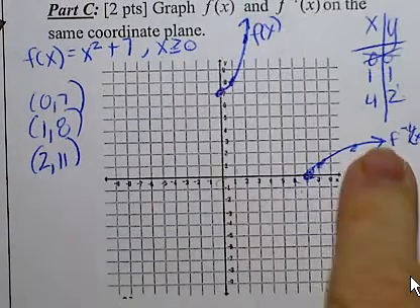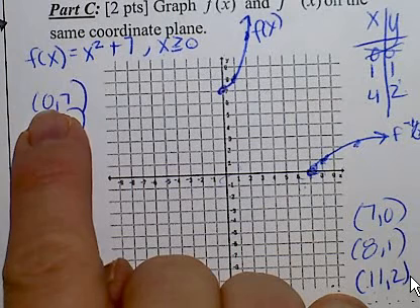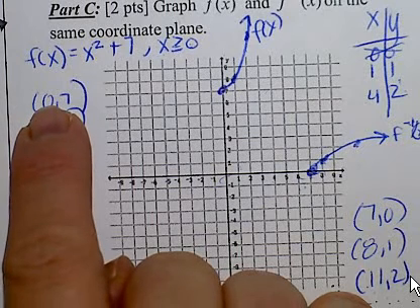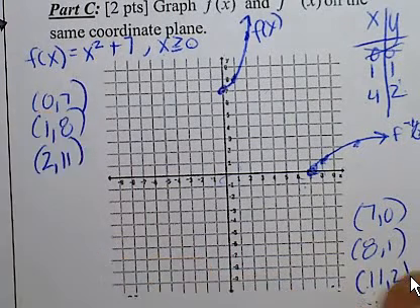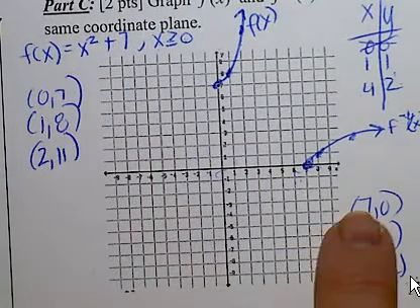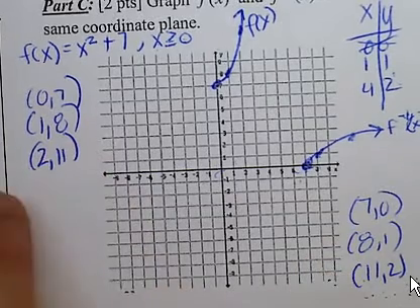Here's the inverse of the function. I can see that the x value and y value have swapped places. The x value becomes the y value, and the y value becomes the x value. Does everybody see the difference here? Okay? So down below, you could describe that.